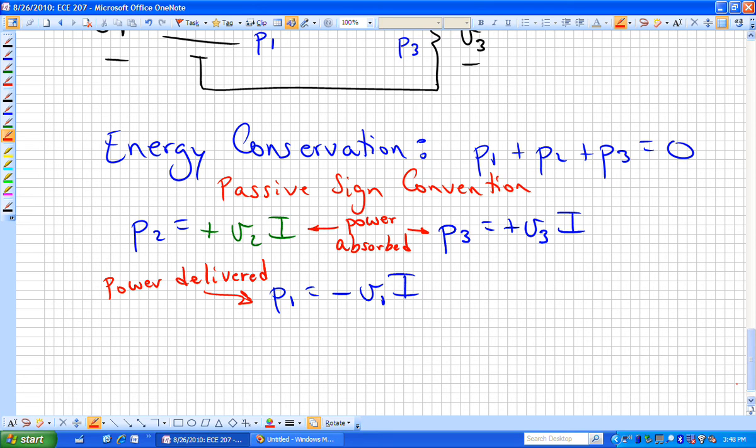Let's replace those into the earlier equation, and we now have minus V1I plus V sub 2I plus V sub 3I equals 0.